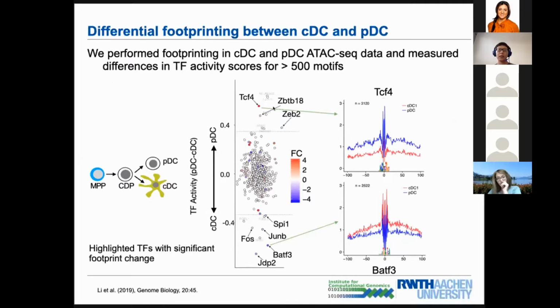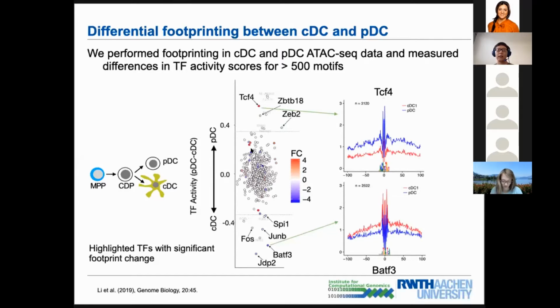After processing the data, we predict the footprints in cDC and pDC independently. And then we calculate the transcription factor activity score for more than 500 motifs. As shown in the middle, the y-axis represents the differences of TF activity between pDC and cDC.